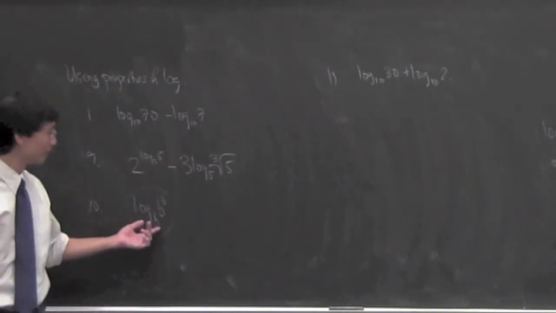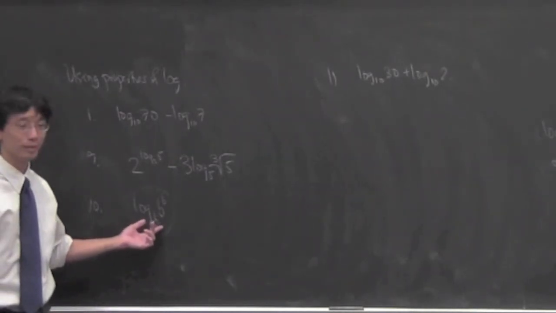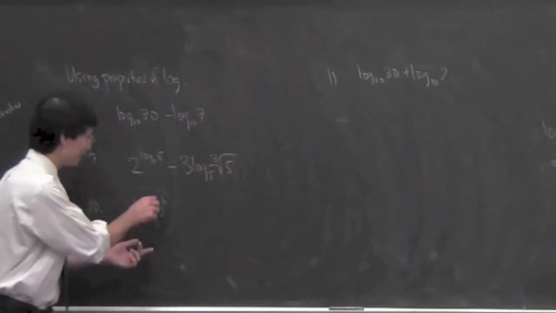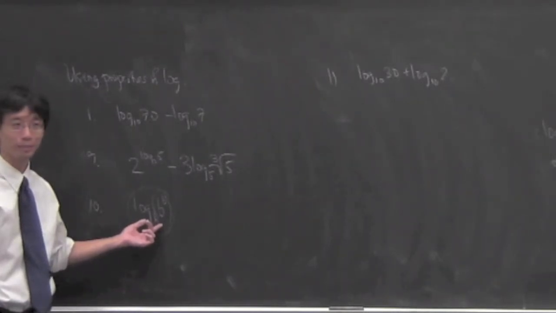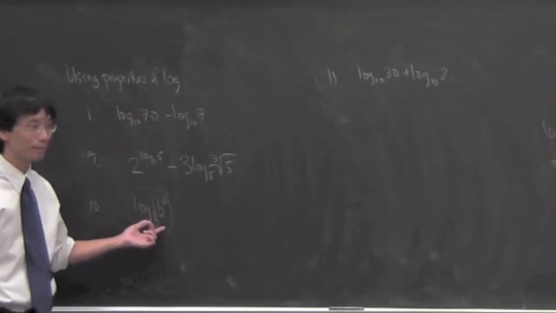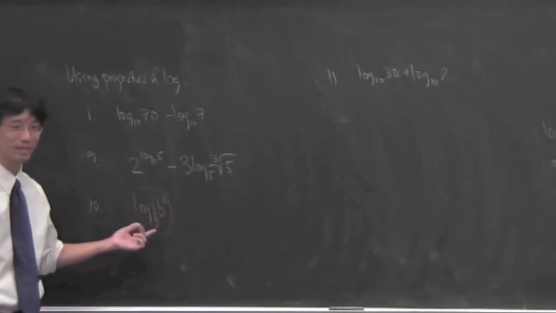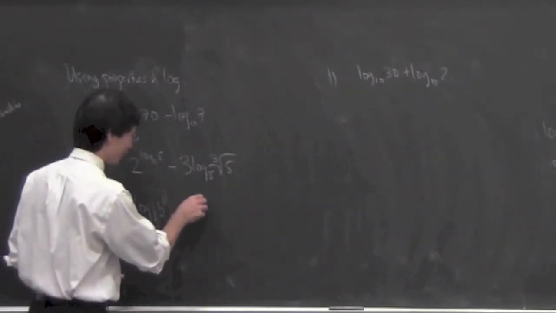What is this? So log base b of e to the b. What is it? It's b, right?